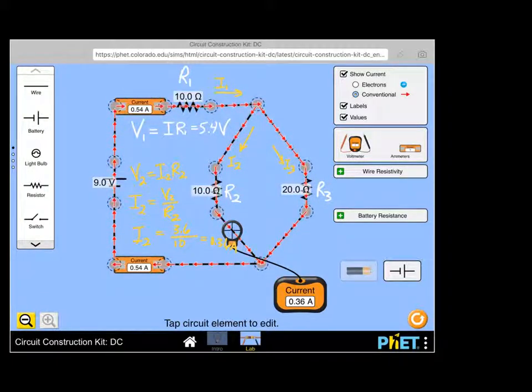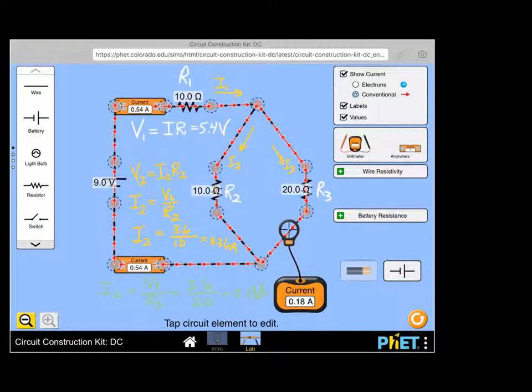All right, so we could put 0.18 there, but we could also compute it. I3 will have the same structure as I2, except it'll be the voltage 3 divided by resistance 3, and the voltage was 3.6, resistance is 20. So guess what? It should be half of the 0.36, or the 0.18.